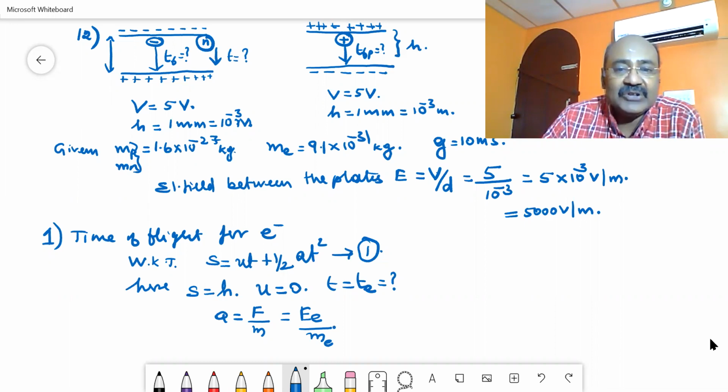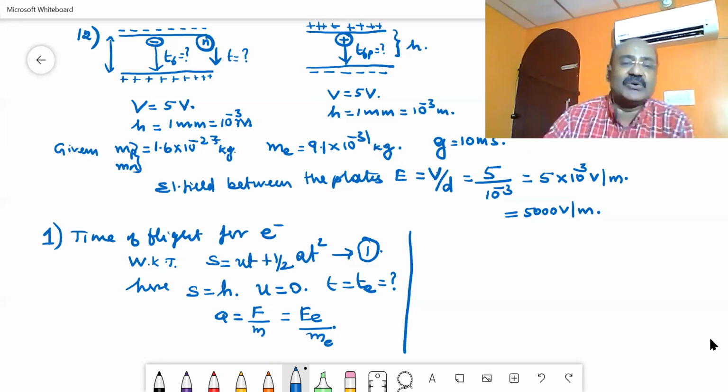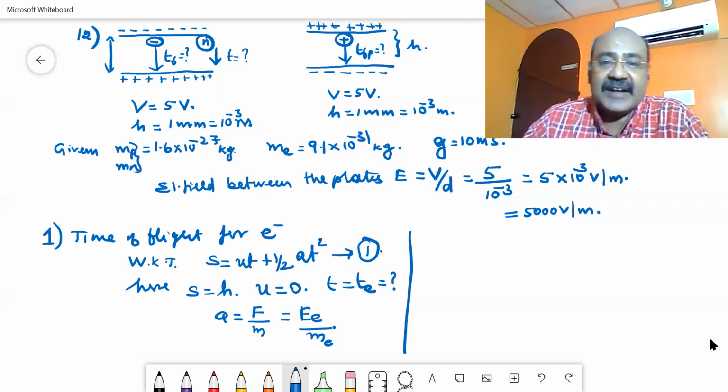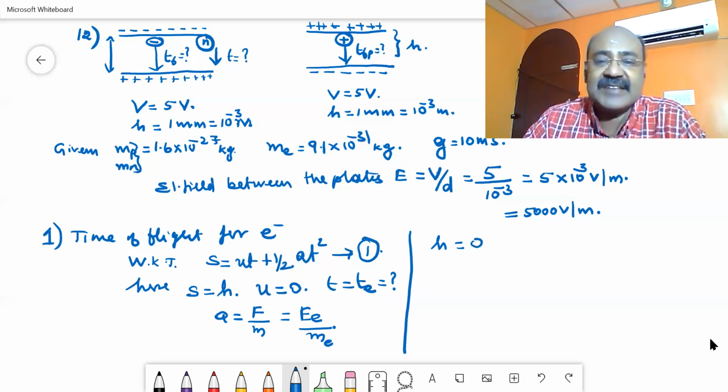Take this and substitute in equation 1. What will be the answer then? Instead of s, you can put h. h is equal to u, which becomes 0, so the first term becomes 0, plus half into, instead of a, e into E divided by m, into te square.